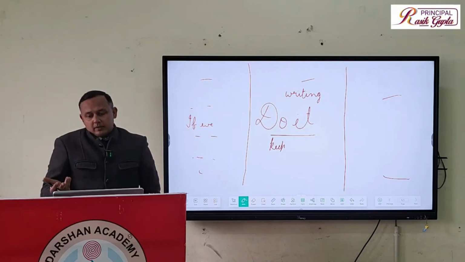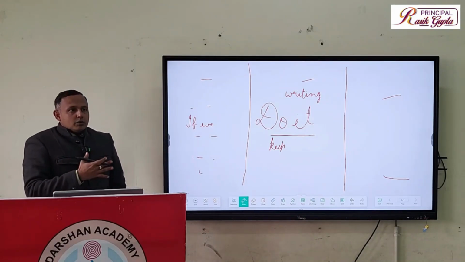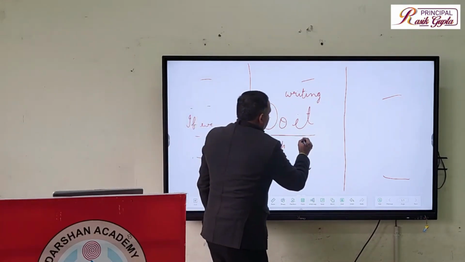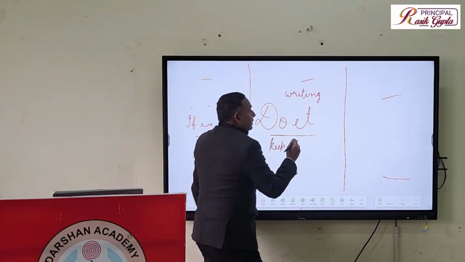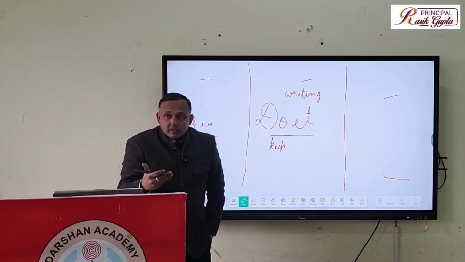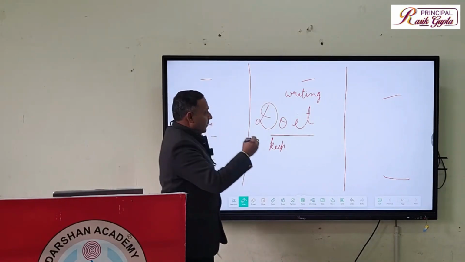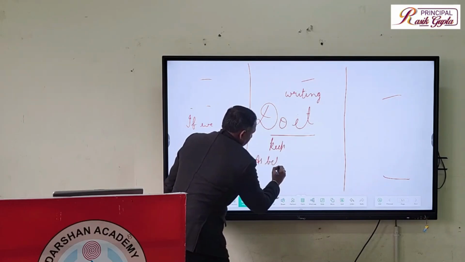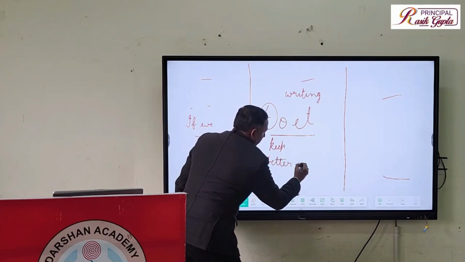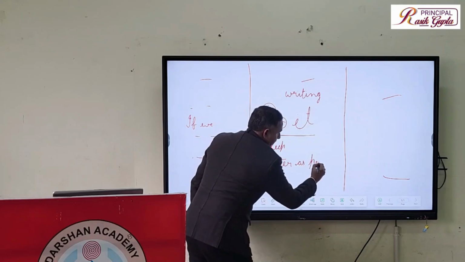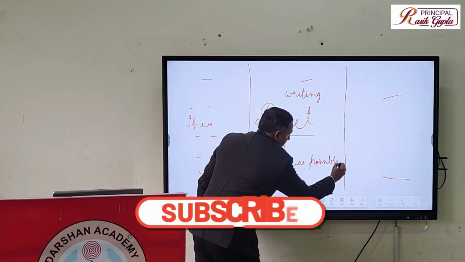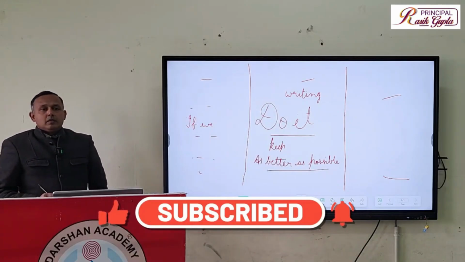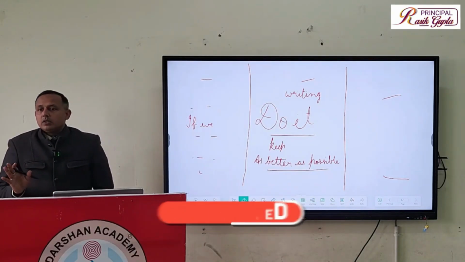Then your blackboard writing, I told you already, I have not used this board too much, but when I am writing, I'll at least try to write as better as possible. I didn't write too slow also.